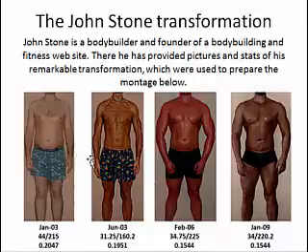Now, then he became fairly lean in a relatively short period of time, and he went from a 44-inch waist to a 31.25-inch waist. So that's this picture here. And then he weighed 160.2 pounds. That led to a waist to weight ratio of 0.1951.